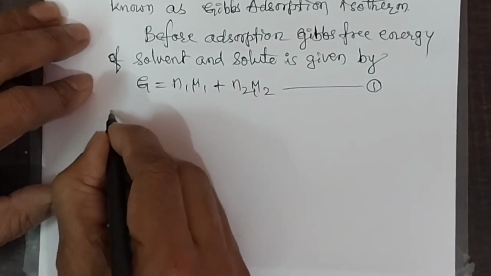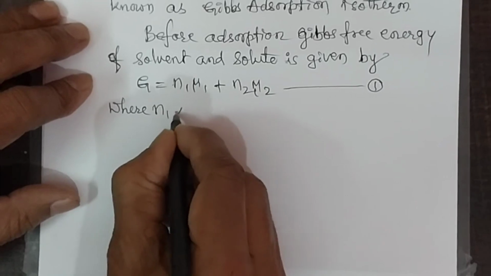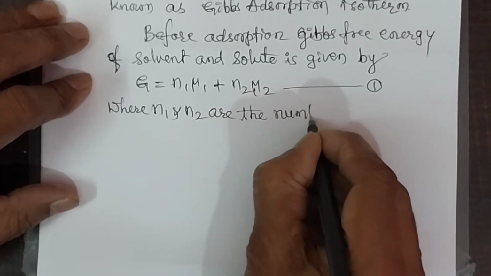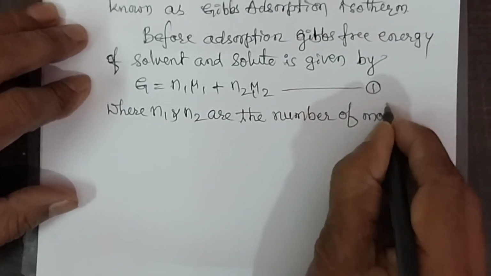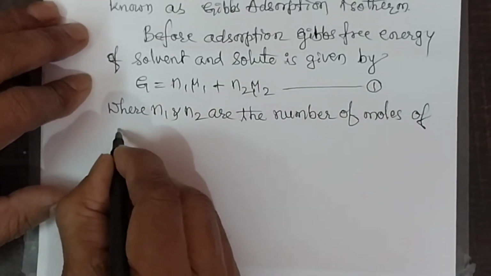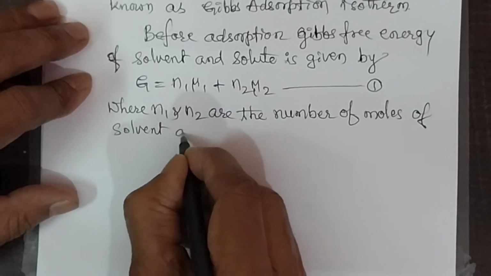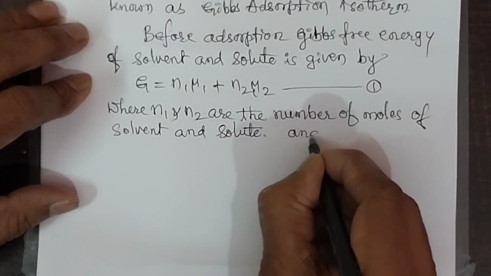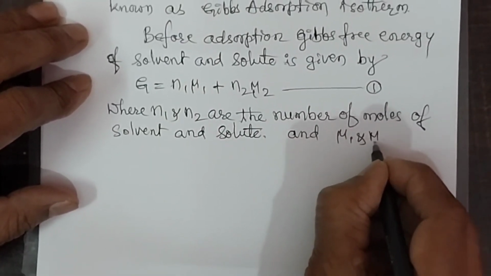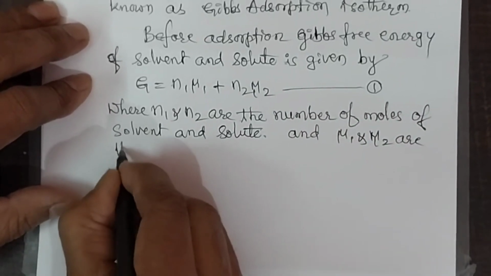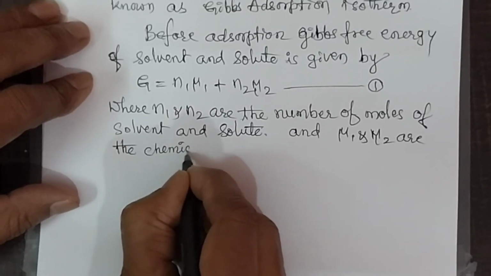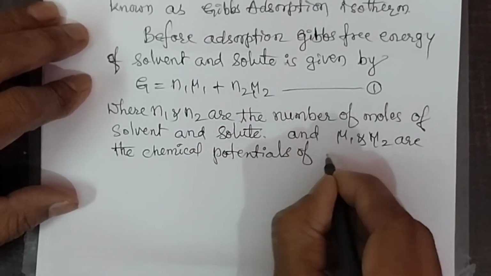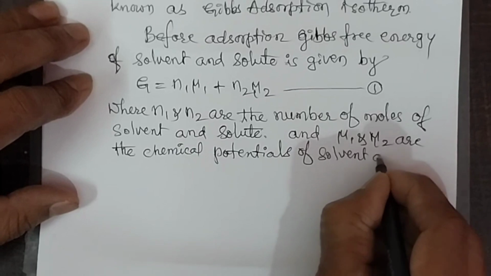This is equation 1, where n1 and n2 are the number of moles of solvent and solute, and mu1 and mu2 are the chemical potentials of solvent and solute.